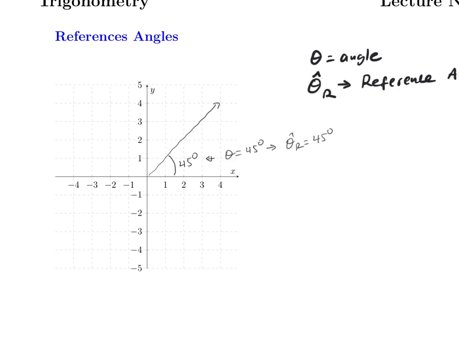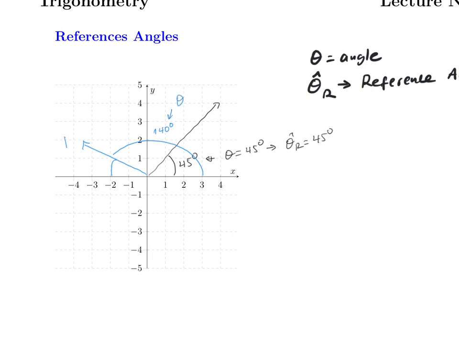But if you're in the second, third or fourth quadrant, let's focus on the second quadrant. So you're in the second quadrant, and let's say the angle goes from here to here. And let's say that this part is 140, so this is 140 degrees. Then this will be theta.